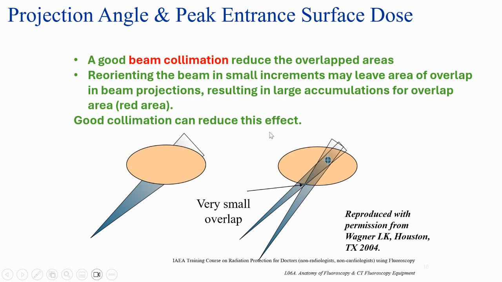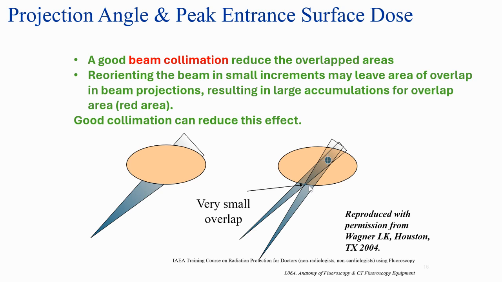Also, beam collimation. A good beam collimation reduces the overlapped area. Reorienting the beam in small increments may leave areas of overlap in beam projection, resulting in a large accumulation of dose. Good collimation as well can reduce this effect. So try to collimate the beam as much as you can.